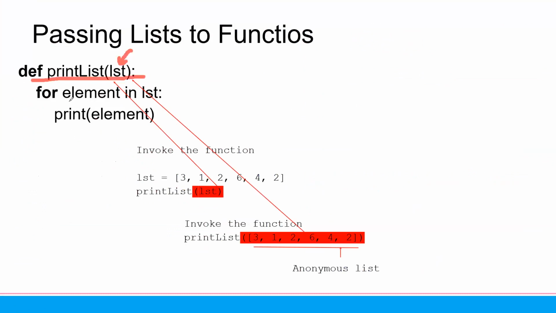For every element in the lst, print element. I can put the list as the variable name, or I can use a list in the parameter.